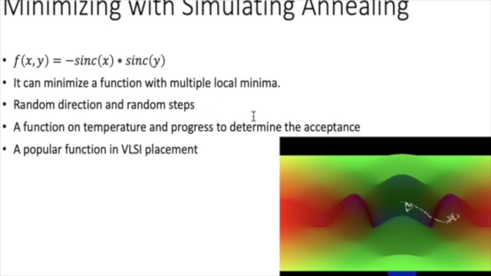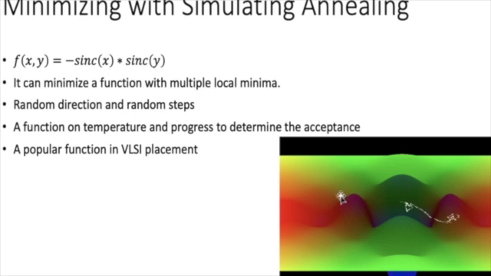It also has an acceptance function and a temperature function. The temperature function gives a probability of whether it accepts a worse solution or goes to the better solution. A worse solution doesn't necessarily mean it is worse, because there may be a lower local minimum.